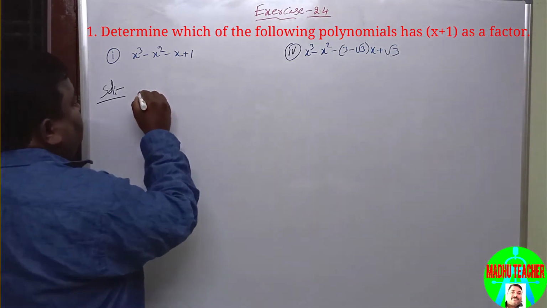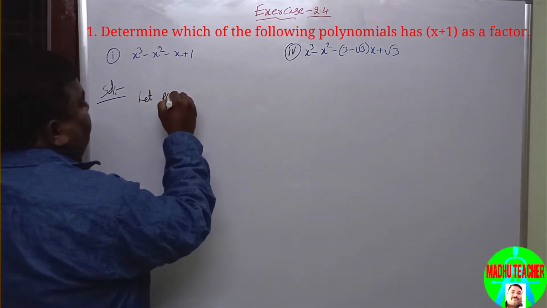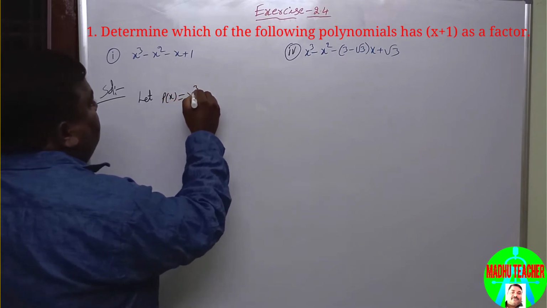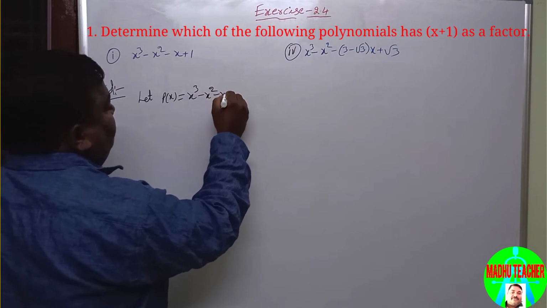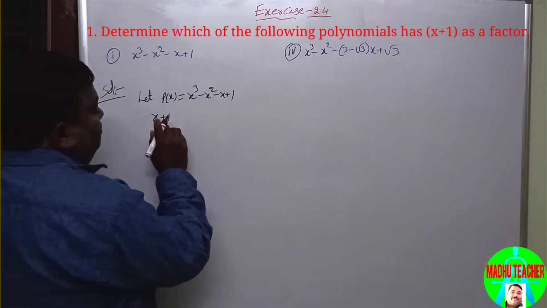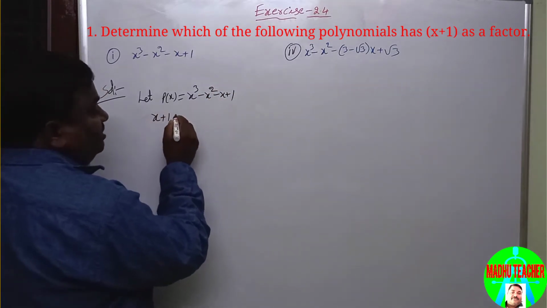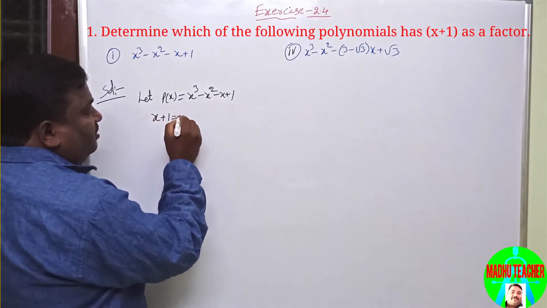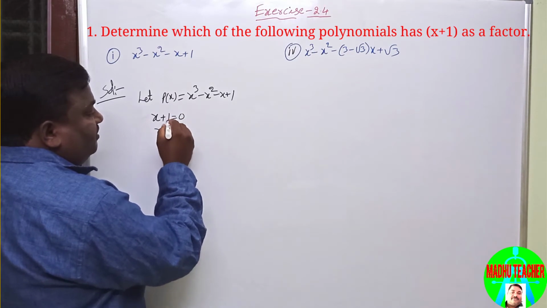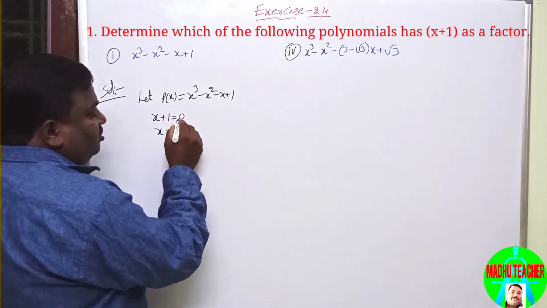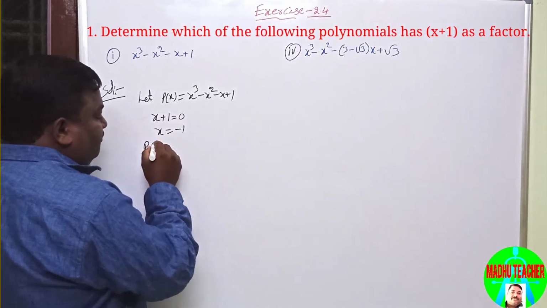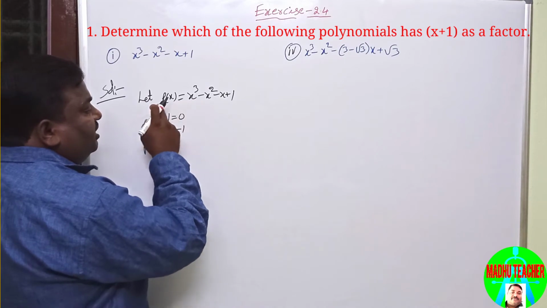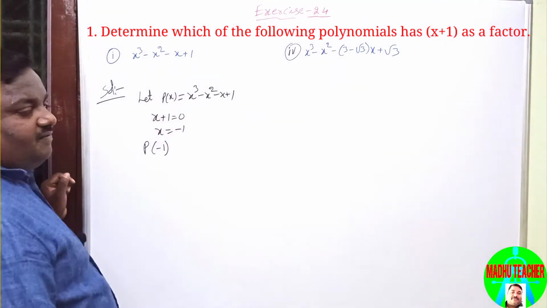So let us take the given polynomial as p of x equal to x cube minus x square minus x plus 1, and you have to check whether x plus 1 is a factor of the given polynomial. To check, you have to find the 0 of the polynomial, that is x plus 1 equal to 0, x equal to minus 1. If you get p of minus 1 equal to 0, then we say that x plus 1 is a factor of p of x.